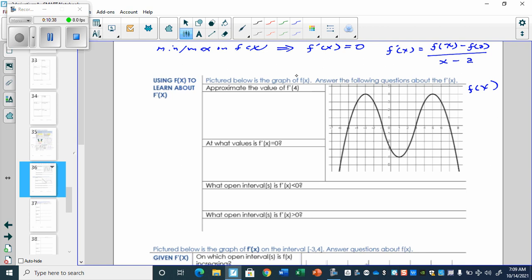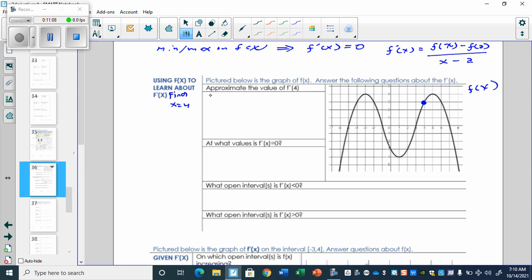This is a slope formula. So I'm going to find where x equals 4 on f of x. Okay, I'm going to go up, and it's right here. So what you do for this is you use the interval, the x value before 4 and the x value after 4.